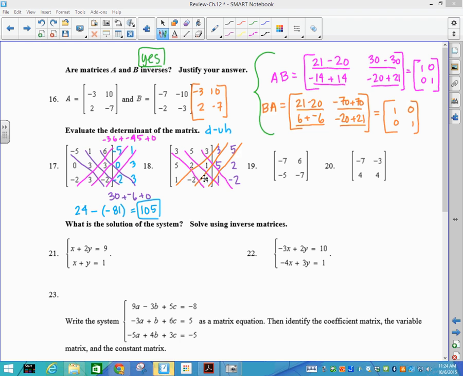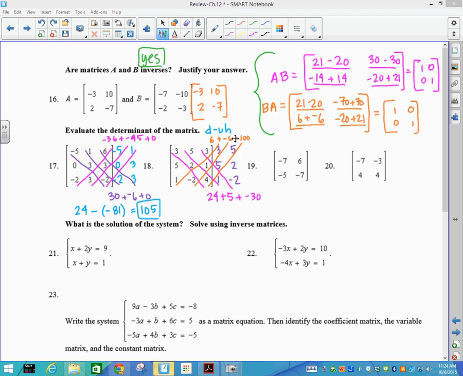So 3 times 2 times 4 is 24. 5 times 1 times 1 is 5. 15 times -2 is -30. And then my uphill products, 1 times 2 times 3, -2 times 1 times 3 is -6, and 5 times 4 times 5 is 100.